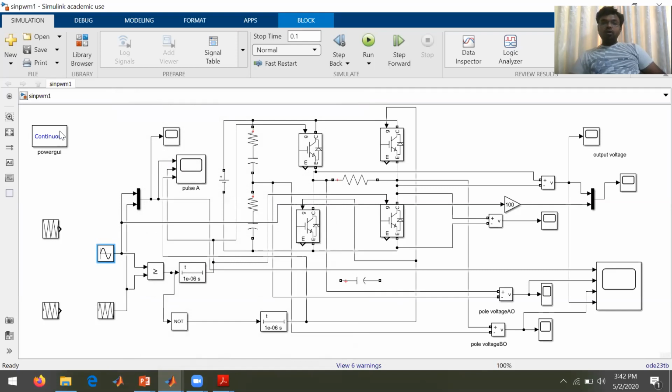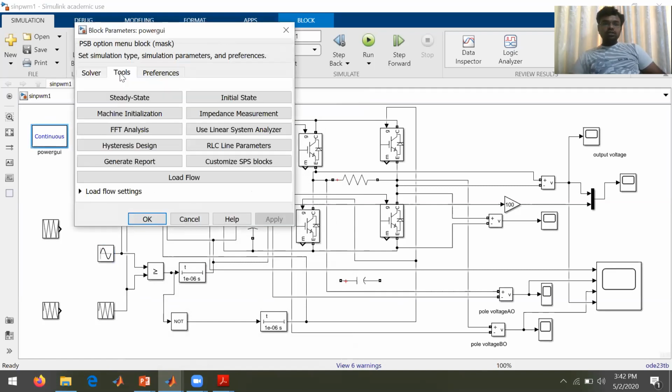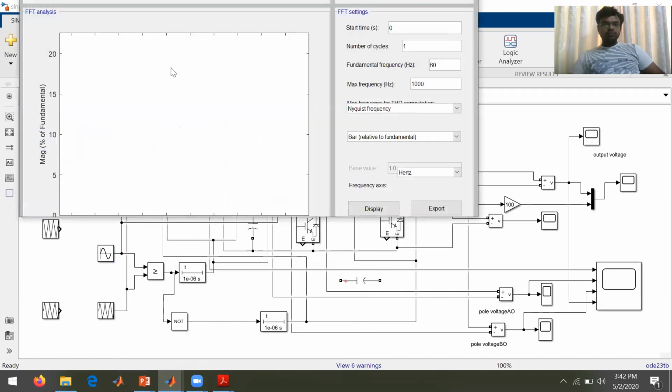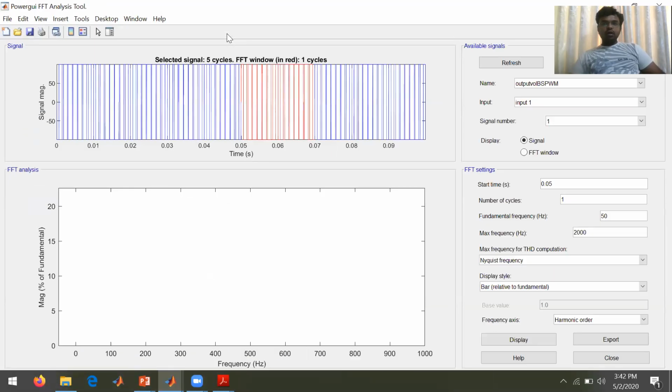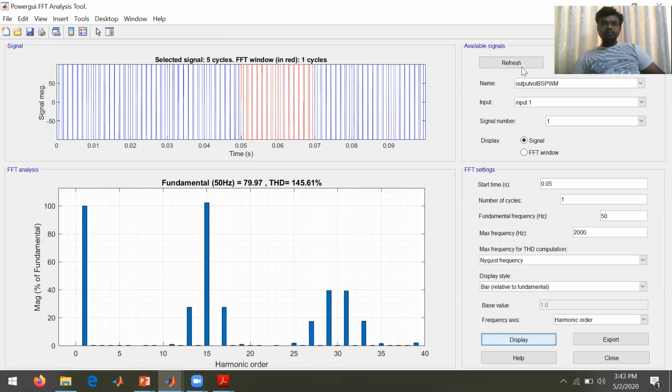Now we will go for the output voltage waveforms and harmonics. So this is the FFT analysis, 50 hertz. Wait 1 second.